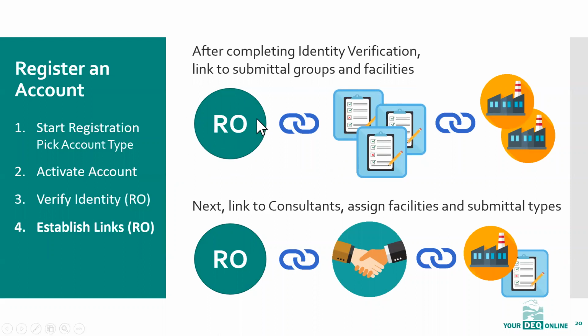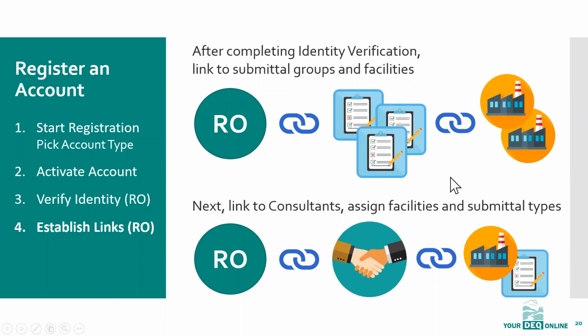So the RO sets up links to submittal groups, and that includes groups like the asbestos licensing or 401 certification for dredge and fill or hazardous waste reporting obligations, etc. And then links to the facilities.